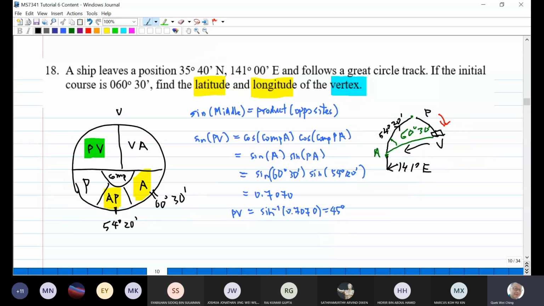So I write one more sentence. Latitude of V is 45 degree north. Okay, PV is 45. I know the PV now. Next thing, I want to find the longitude.